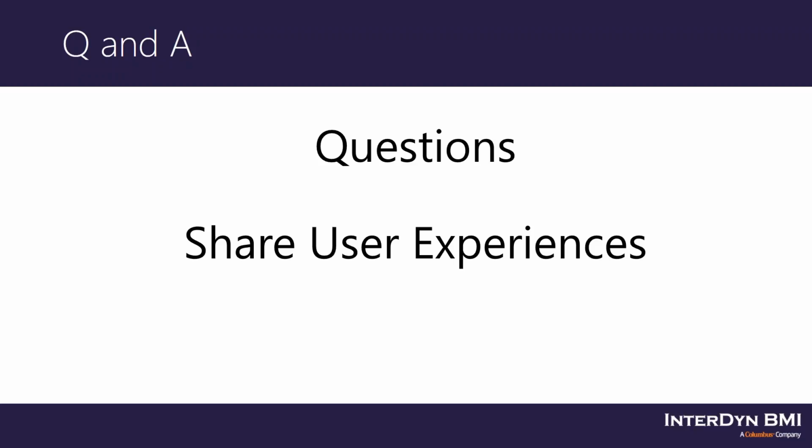So if you need to have it routed based on something like a segment of your chart of accounts, it is possible to do that. It is something that you would likely want to include InterDyn in your planning and setup, because there are some additional steps that would be necessary beyond what we're talking about in our webinar today. So we'd be happy to help you with that. We would certainly be happy to help you with any of the setups within your workflow process setups.